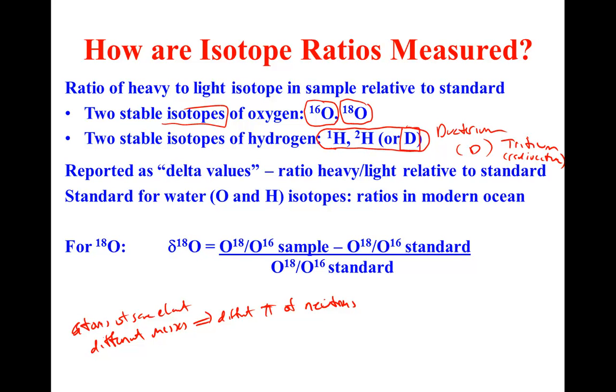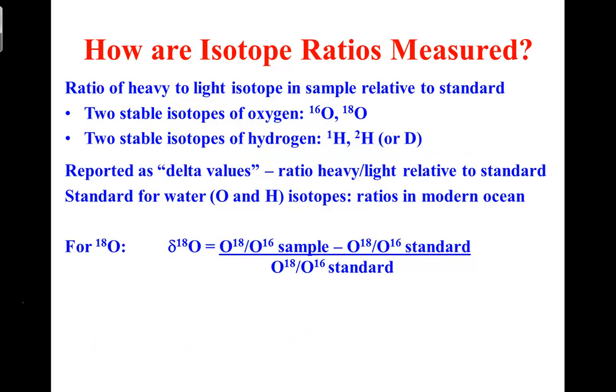In ice cores, we're measuring predominantly stable isotopes: the ratio of oxygen 18 and oxygen 16, or the ratio of heavy hydrogen, also called deuterium, and light hydrogen.